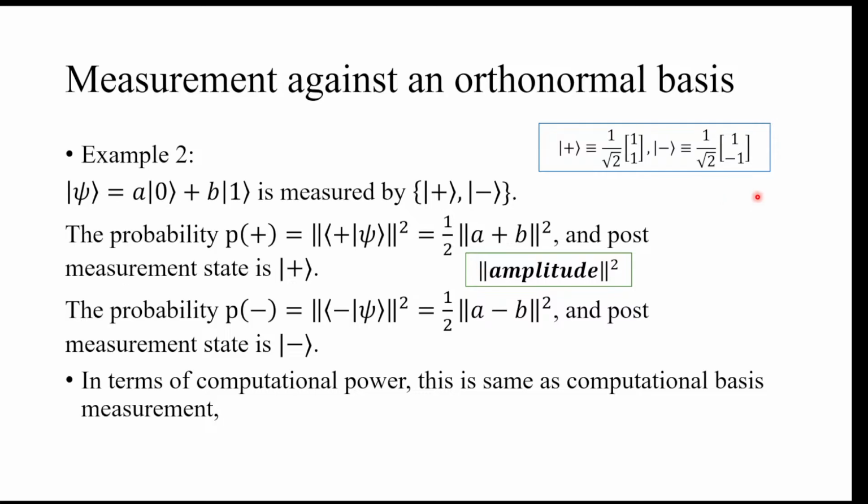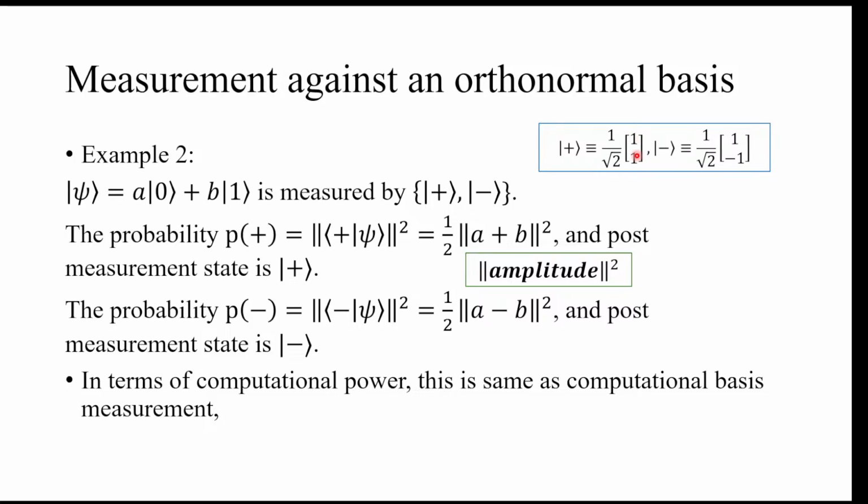Okay, and now let's try to do the same thing. So you measure in the plus minus basis, then you will get the plus state as a post-measurement outcome with some probability, and the minus state as a post-measurement outcome with some probability. And the probability of plus is the inner product with psi, squared. And you take this thing, inner product with this thing, and this should be 1 over square root 2 from here.